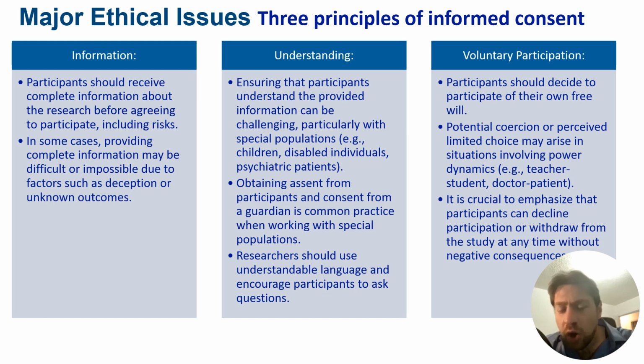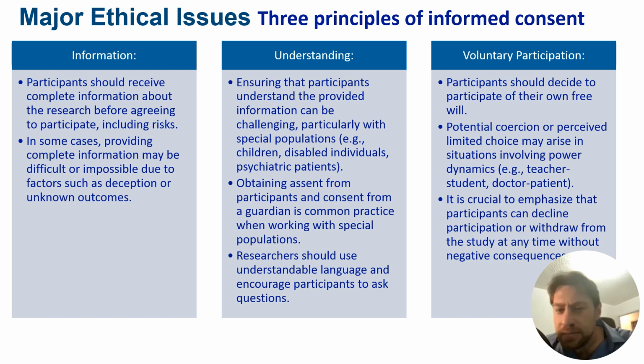People have to receive all the relevant information that is required for them to make an educated decision as to whether they want to participate or not, including information about any potential risks or discomforts, anything physical or emotional has to be disclosed. Now, in some cases, you can't provide all the information. Some studies involve deception, which gets a little tricky. But whenever possible, you have to disclose as much information as you can about the study and any risks that are involved.